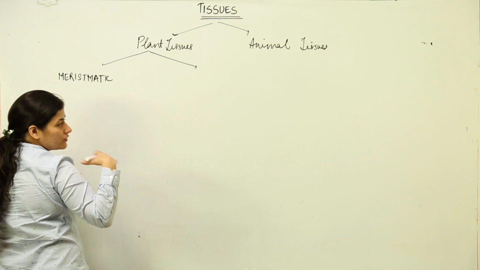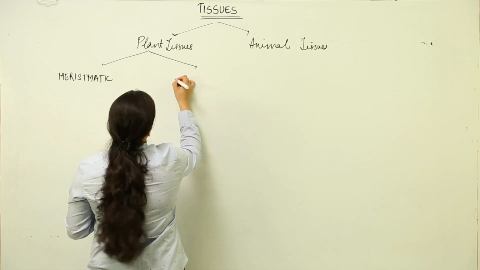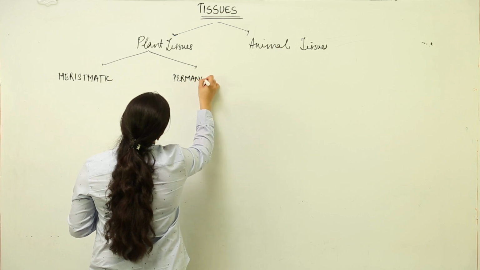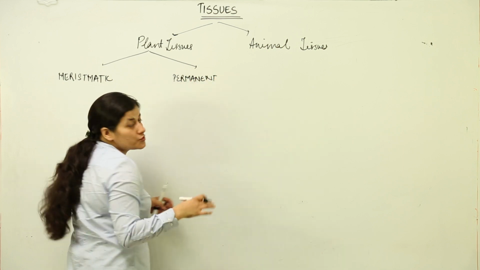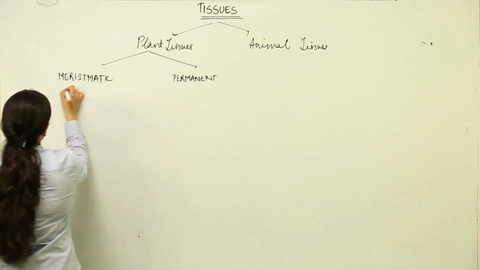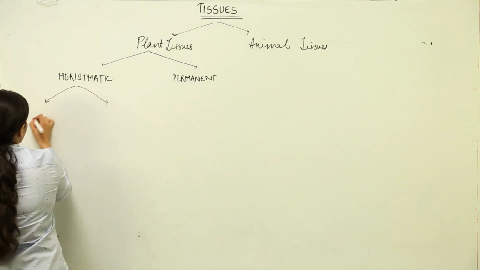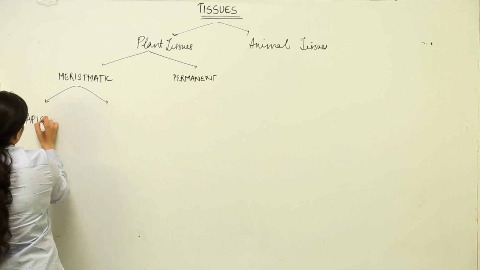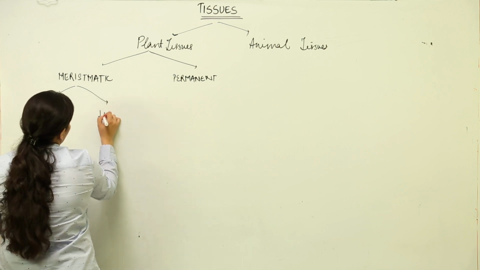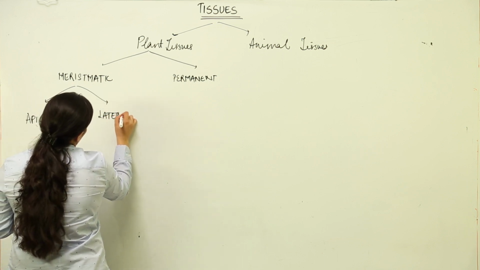So these cells are not going to lose their ability to divide, and the other ones are permanent. These meristematic tissues are going to give rise to the permanent tissue which will not have the ability to divide. This meristematic tissue, depending on where it is present, is apical meristem or lateral meristem, okay?